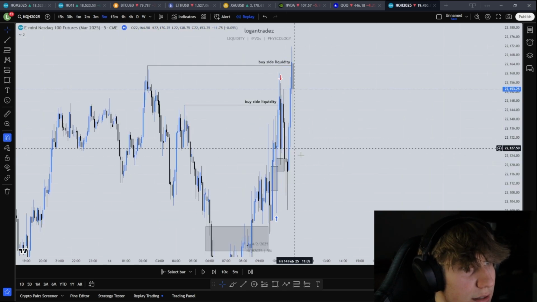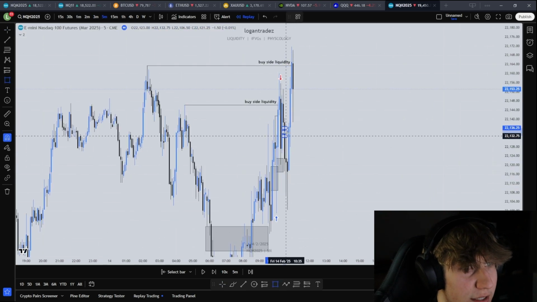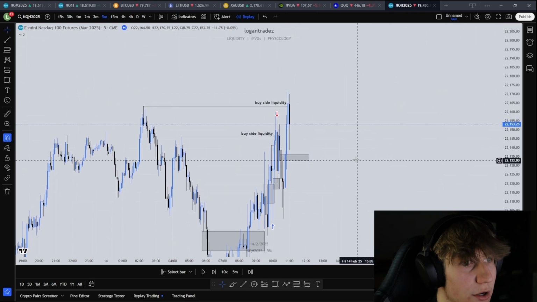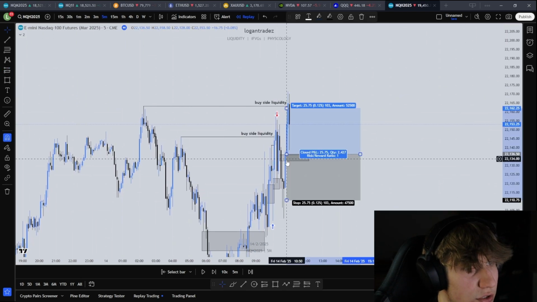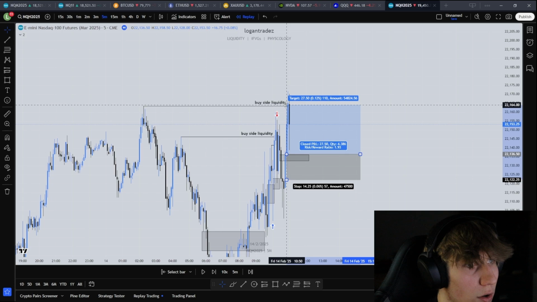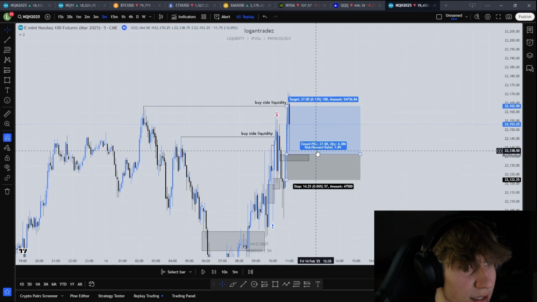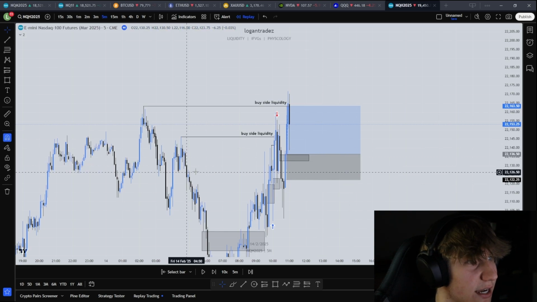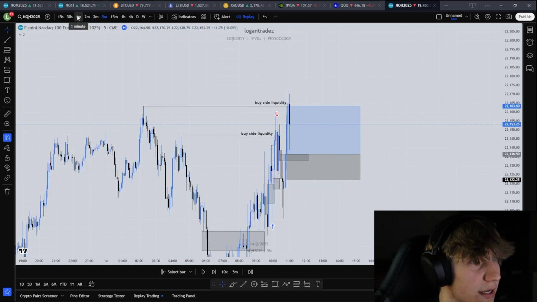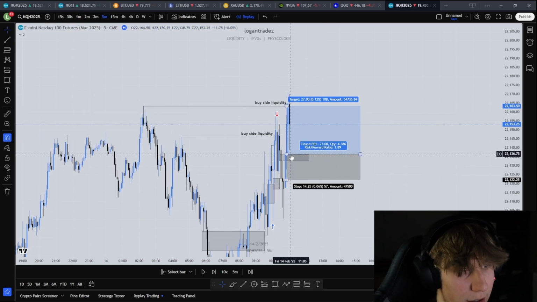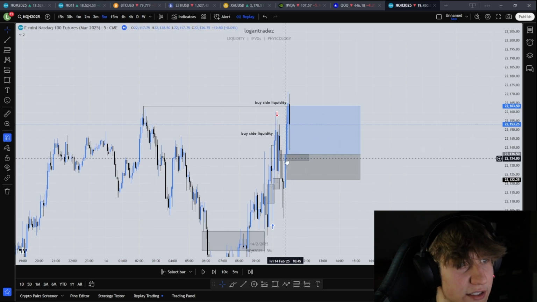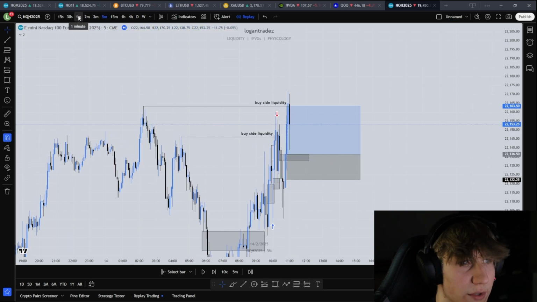You can see that you could have re-entered on this 5-minute as well, because we still know that we want to take out that buy side. So you could have re-entered here, right there for that buy side as well if you wanted to. And you can see that using the higher time frame, we found a setup to this buy side here. Now, I personally don't take 5 minutes, so I wouldn't have taken this. I would have just been done with that first one.